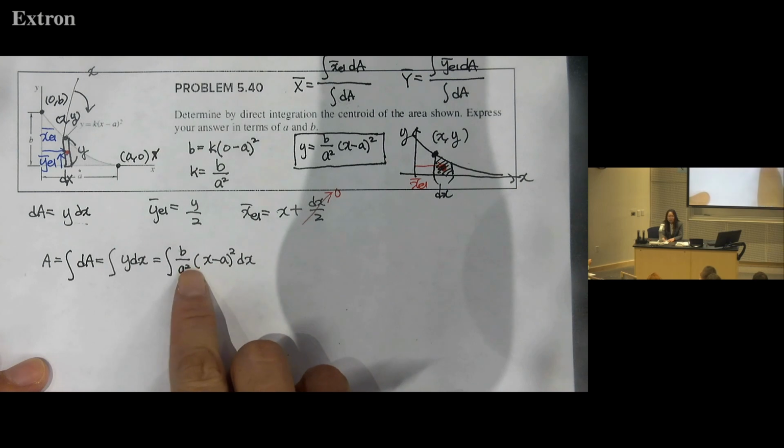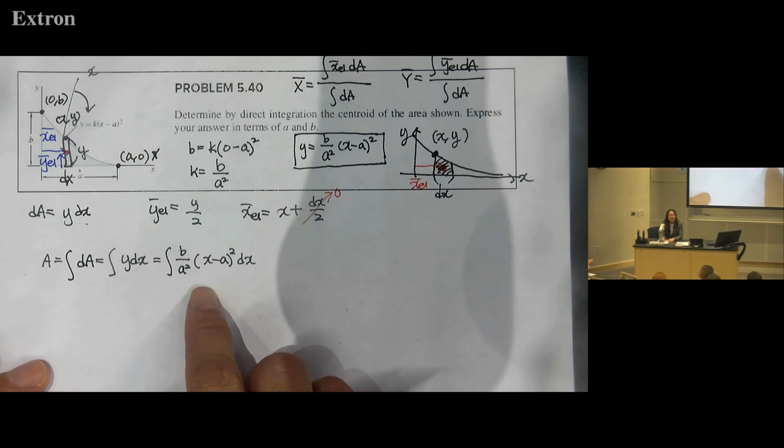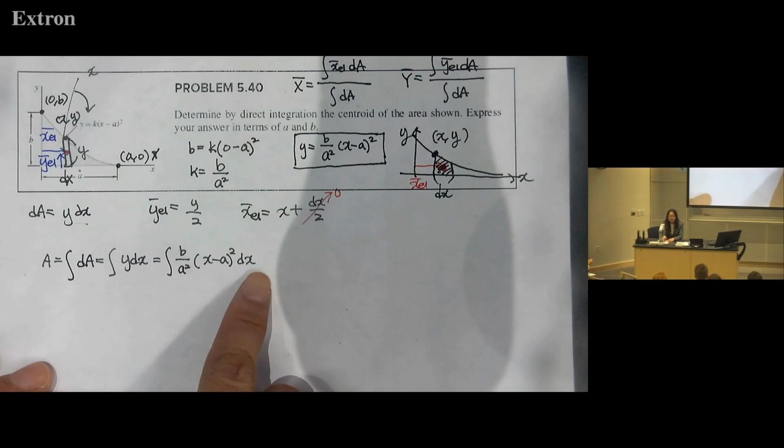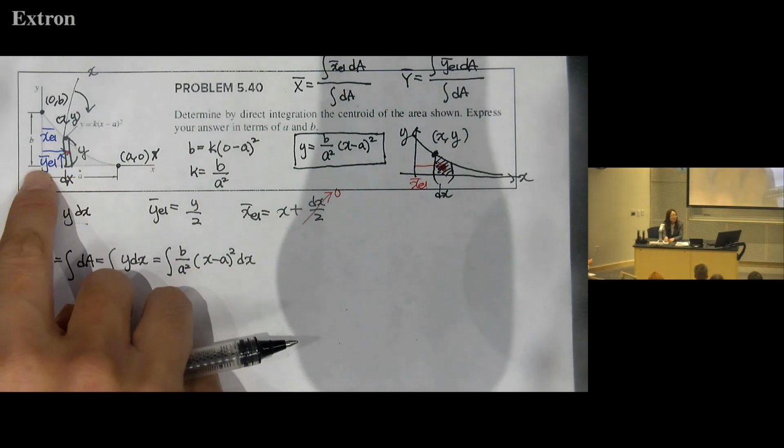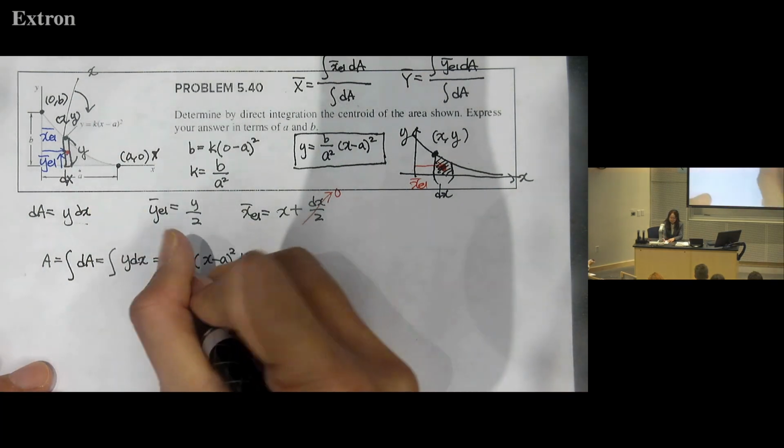Great. This function is in terms of x, and a, b are constant, right? And then what is the interval? The integration interval about x. So x between 0 and a.